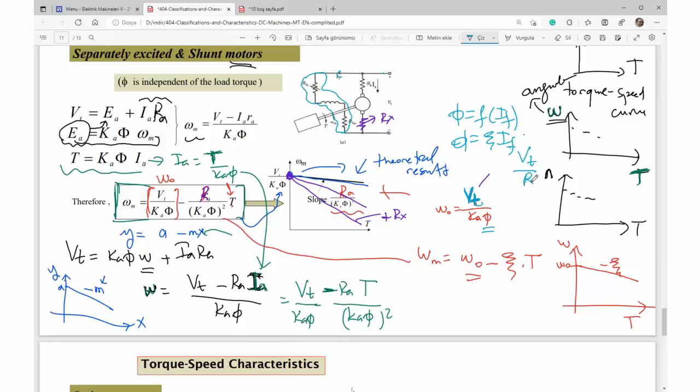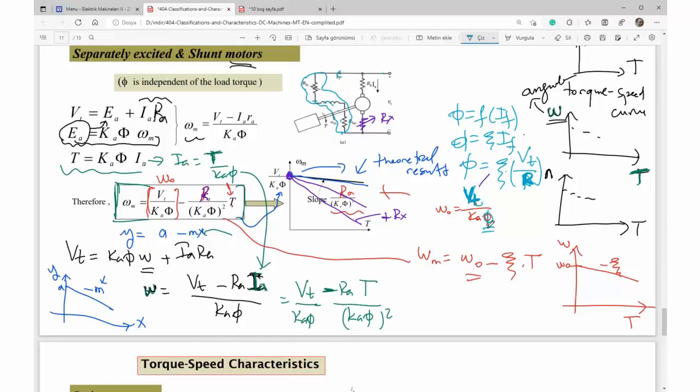Let's say Vf over R, that is the total resistance in this field circuit. That is the field current. Here's a linear coefficient to calculate flux. And then when there is a change in field voltage, for example, when you increase this, flux will increase.